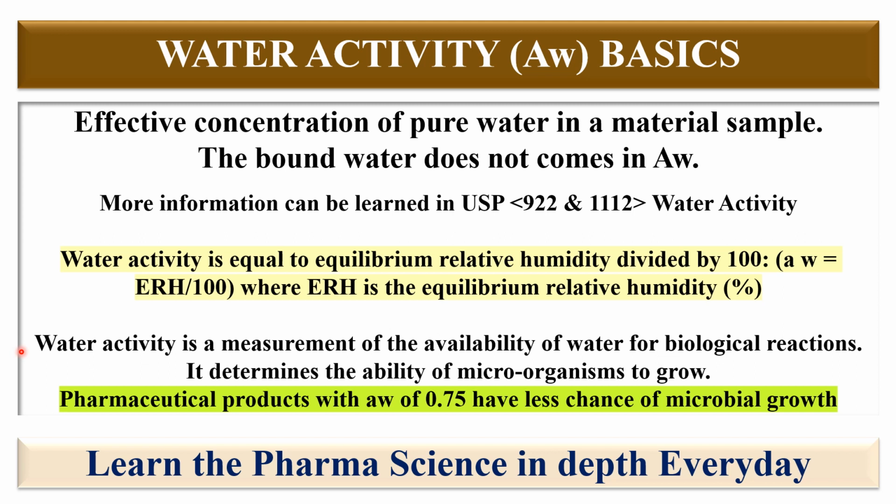So water activity is mainly studied to check the potential for microorganism growth, and if the water activity is below 0.75, then there are fewer chances of microbial growth, because it means there is very little free water which is ready to take part in the chemical reaction or biological reaction, or which can support the growth of microorganisms.